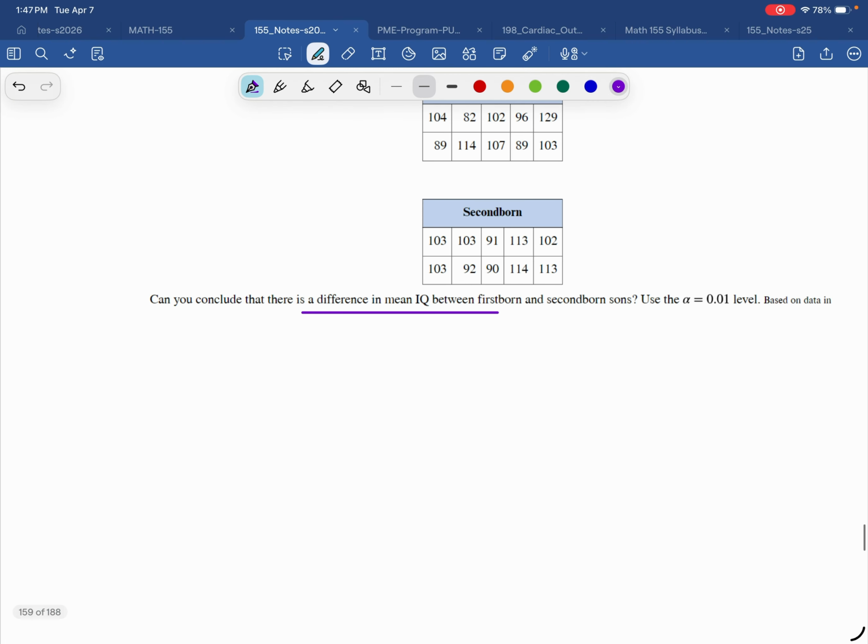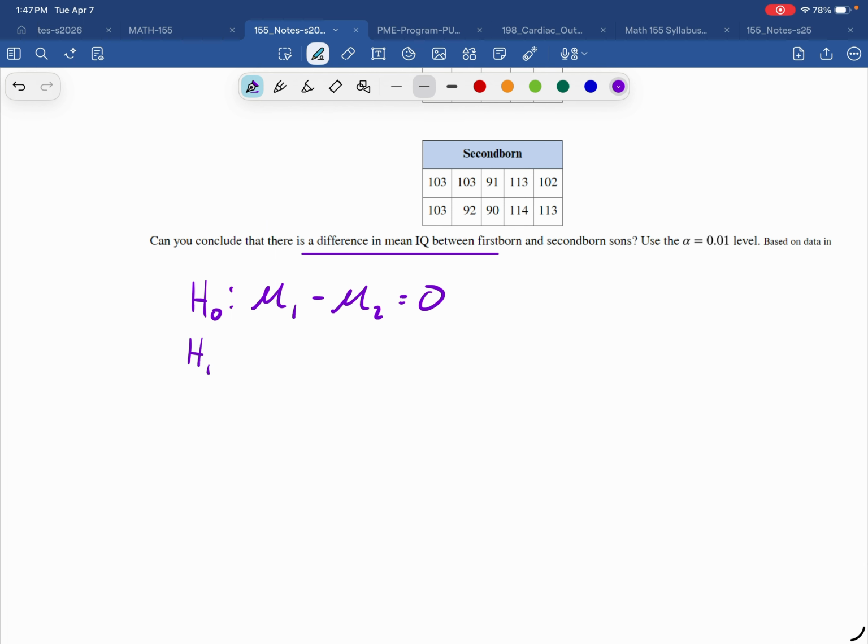Okay, so if we're going to write out our hypotheses, then the null hypothesis is that mu1, the mean IQ of firstborn, minus mu2, the mean IQ of secondborn, is going to be 0. The alternate hypothesis is that mu1 minus mu2 does not equal 0.